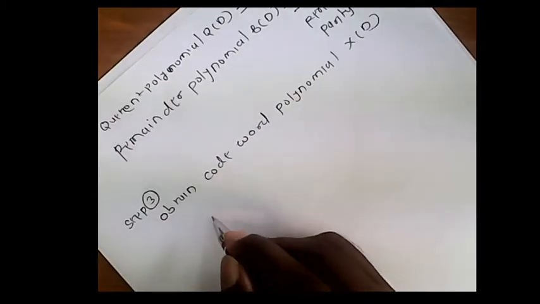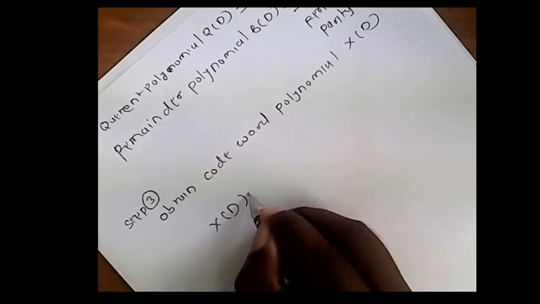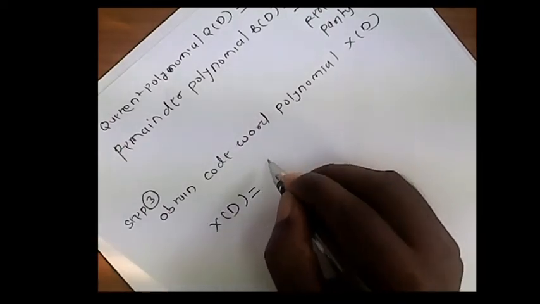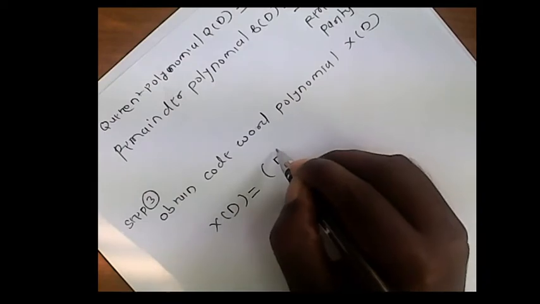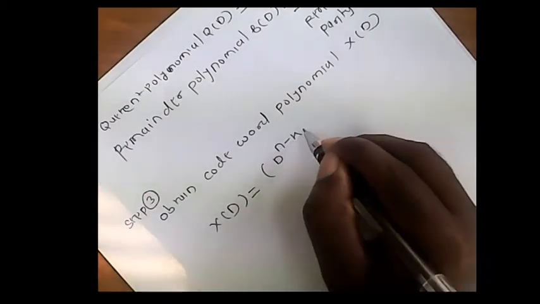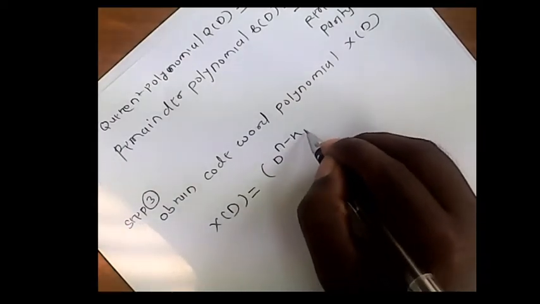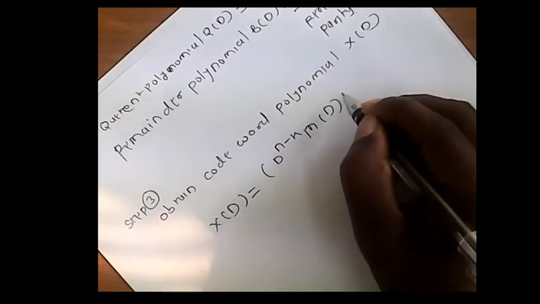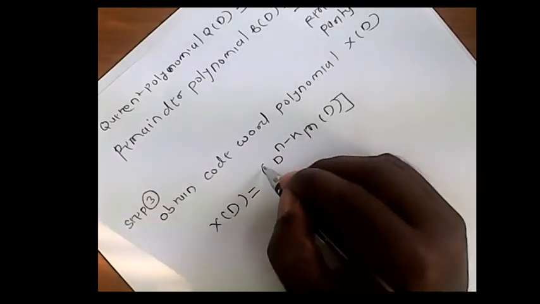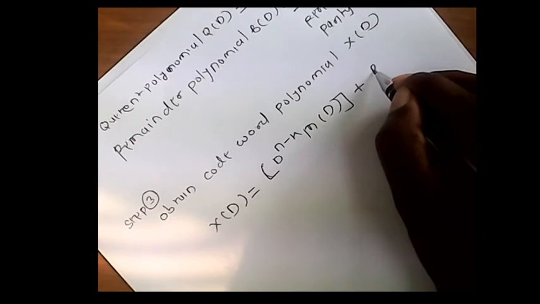So x of d is nothing but d raised to n minus k times the message polynomial, square bracket complete, plus the remainder polynomial, that is b of d, which gives the parity bits.